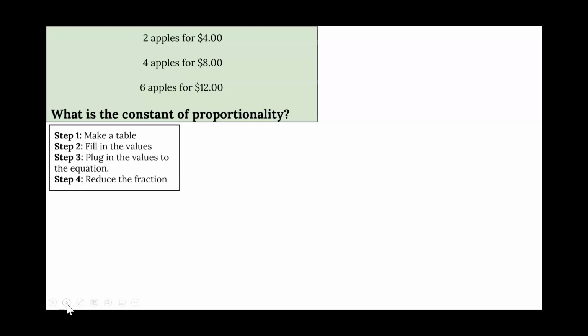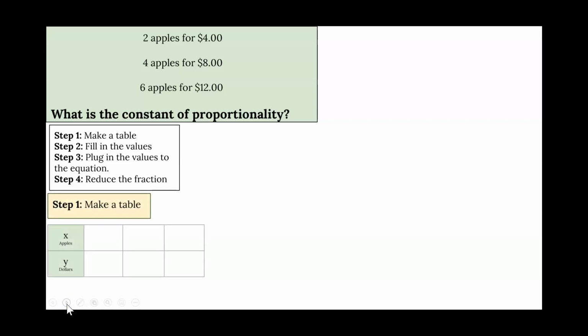So here are the 4 steps that we're going to do in order to solve this problem. Step 1, make a table. We have our x values and our y values. Our x values are going to be the number of apples, and the y value is going to be the dollars.